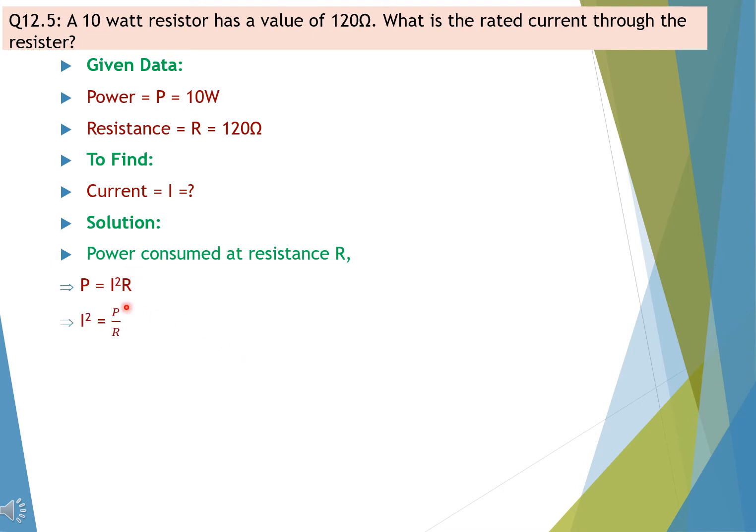So power consumed at resistance R is P is equal to I square R. For calculating I, we can divide by R on the left hand side, and I square is equal to P divided by R. Taking square root on both sides, we get I is equal to under root P divided by R. By putting values of P and R, and after solving we get current I is equal to 0.2886 amperes.